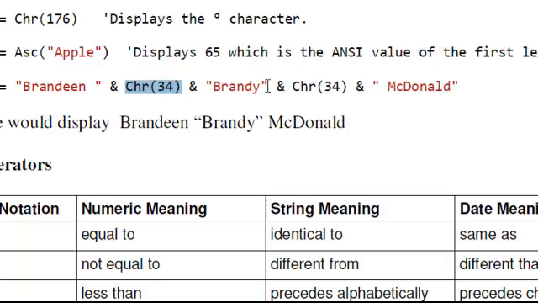Then we add the nickname, then we add another quote, then we add the last name with a space before it. And doing that would put Brandine space quote Brandy quote space McDonald in the text box.